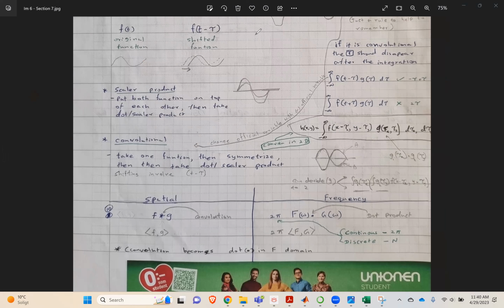For example, if you have a 100 by 100 image and you convolve it with a 10 by 10 filter, you get an image of size 109 by 109, that is m plus n minus 1. I will explain why you get that later. But basically, when you multiply, you get another image, the same kind as your original.